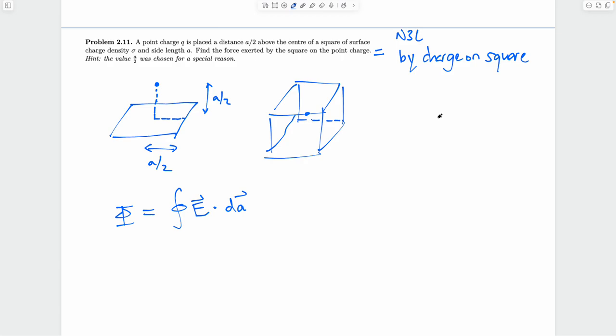At every point on the surface, it does not have to be below the charge. If the field was like this, we only care about this component, the component normal to the face. Because of symmetry, we know that the force must act along this line, so we only care about the component normal to the surface.